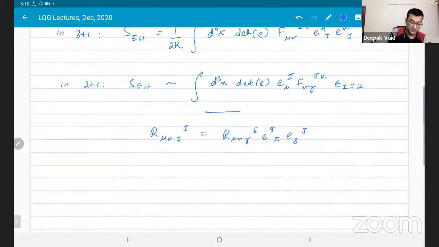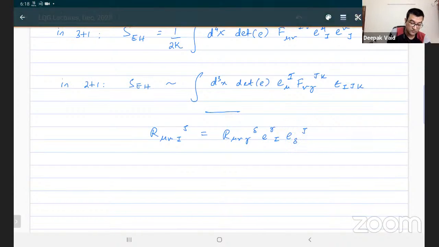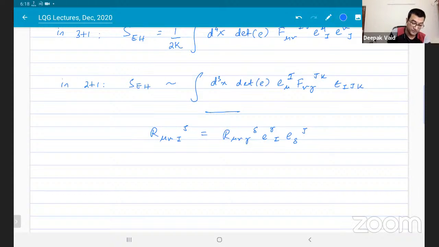Where you understand that this is the triad now, or the tetrad, and this is the inverse of that.